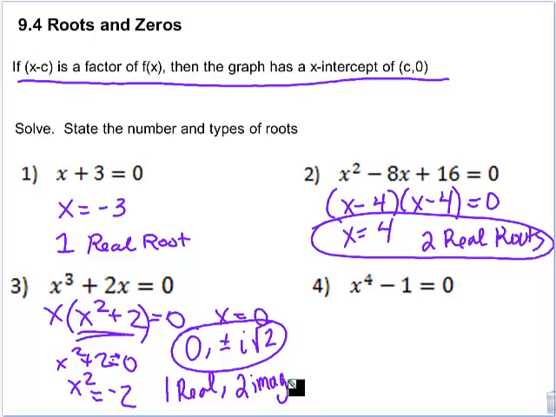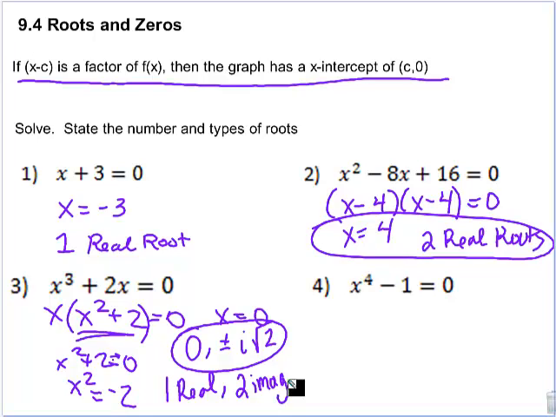Is that okay? We have a plus and a minus, so that means that we have 2 imaginary solutions there.